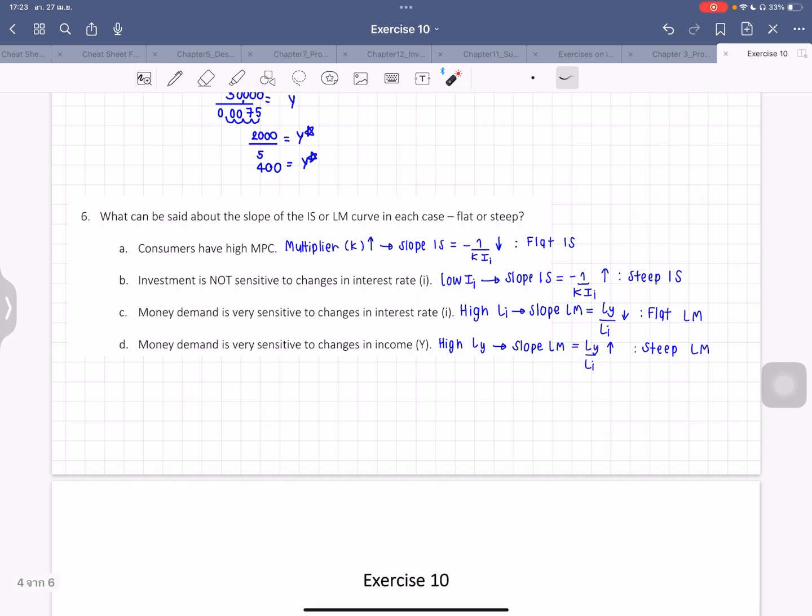Lastly, money demand is very sensitive to changes in income. So it is a high L subscript Y, which affects only the LM slope, which increases. So when the slope of LM increases, it leads to a steep LM curve in the end.